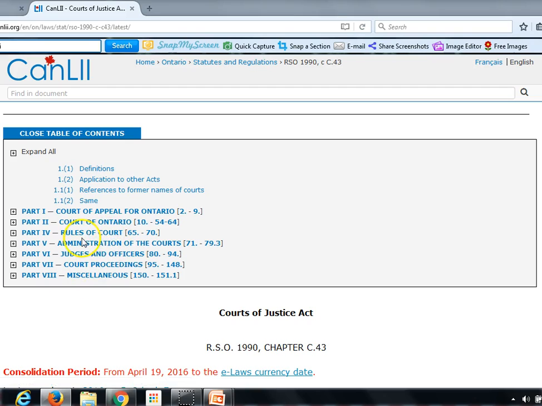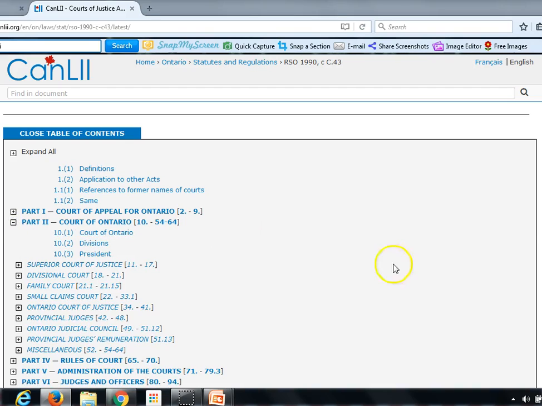And if you notice this, Part 4 talks about rules of court, and this is where the rules of civil procedure come in. There are specific sections in the statute that allow for the creation of rules of civil procedure. Just quickly look at courts of Ontario. You will see how many kinds of courts there are. Superior Court of Justice, Divisional Court, Family Court, Small Claims Court, Ontario Court of Justice, and then Court of Appeal for Ontario.